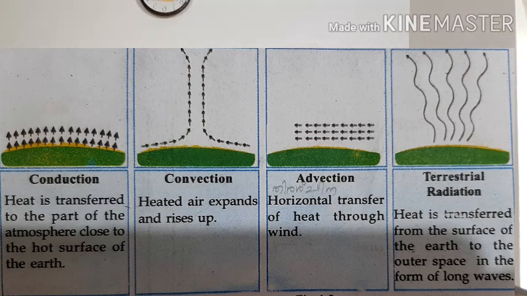The heat from the heated surface of the earth is transferred to the atmosphere in the form of long waves. This process is known as terrestrial radiation.